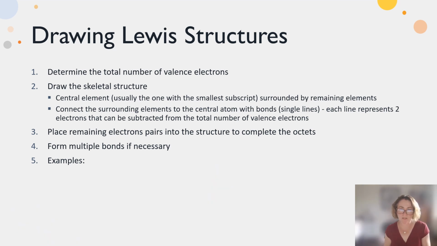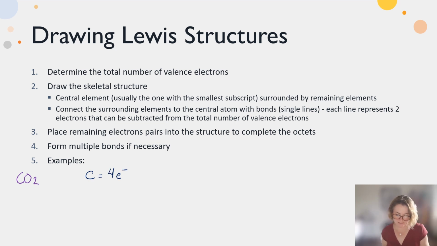All right, so here in this example, we're going to do carbon dioxide. And this is a great example of when you are going to need to use multiple bonds. So I'll show you exactly how to identify that. All right, so the first thing I'm going to do is to count up all of my valence electrons. Carbon sits in group 4A.